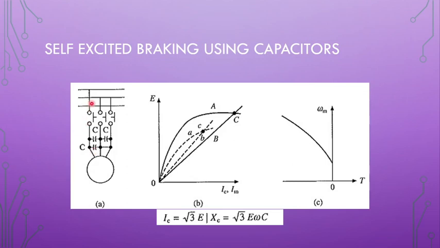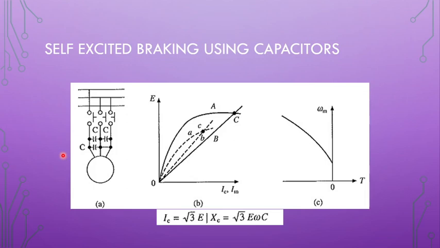If the motor is disconnected from the supply, then because of the presence of this capacitor, this induction motor should work as a self-excited generator. That is how the capacitor ratings are selected.